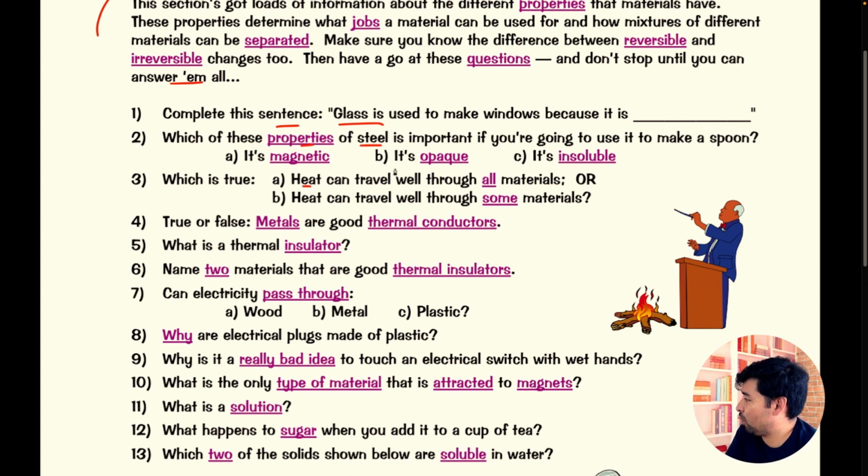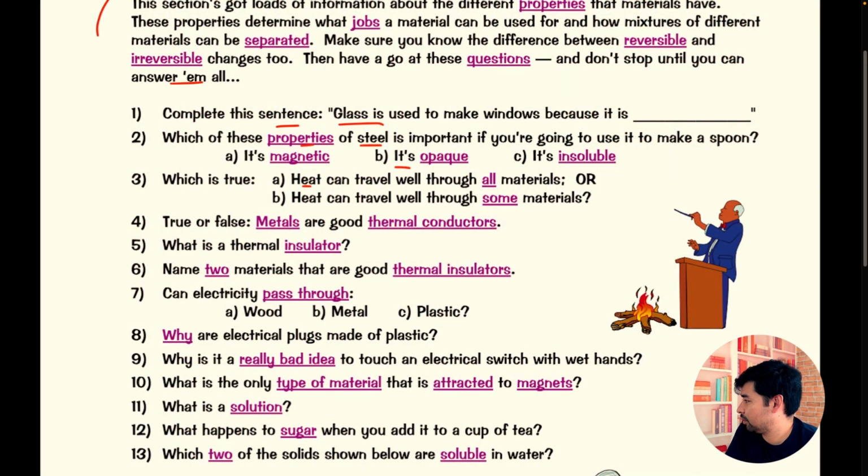It can travel well through all materials. I mean, it doesn't matter what kind of material I get, the heat will travel through this material with no problem, easily. Is it true or false? Or it depends on the material. So answer that for me. Let's go. On 4, let's go on here.